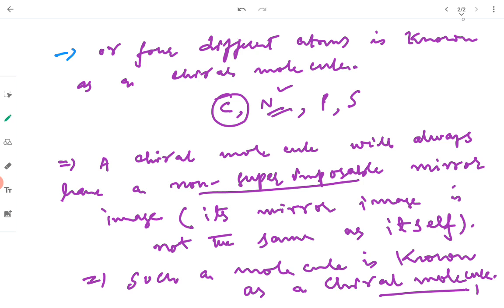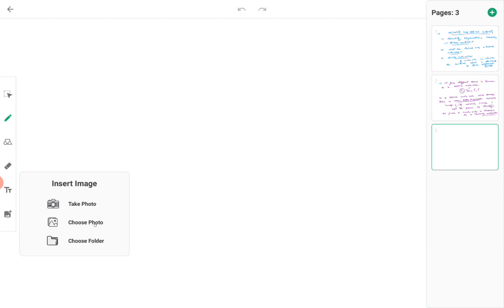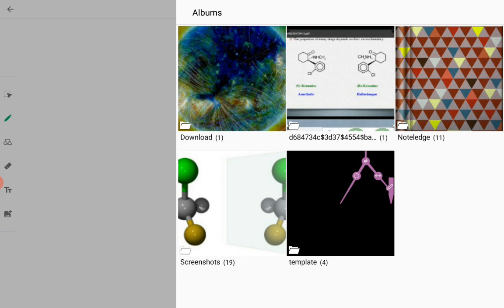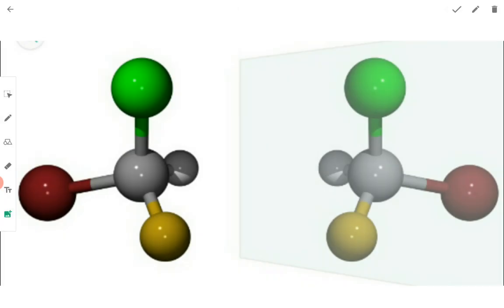Example, there are so many examples. I can give some examples like this one. This is an example. If you see this molecule, this is the molecule in which this central atom, suppose it's carbon.